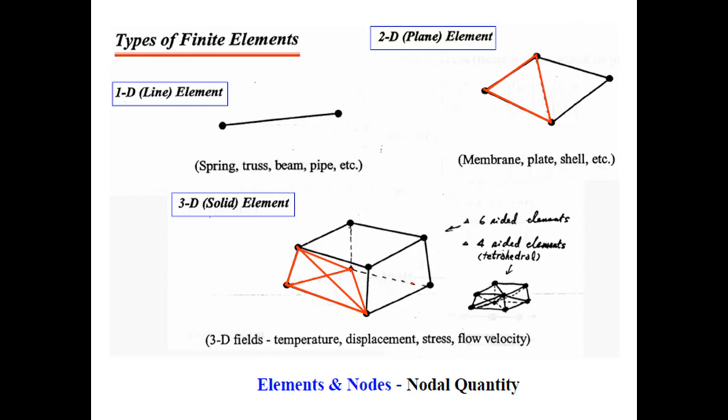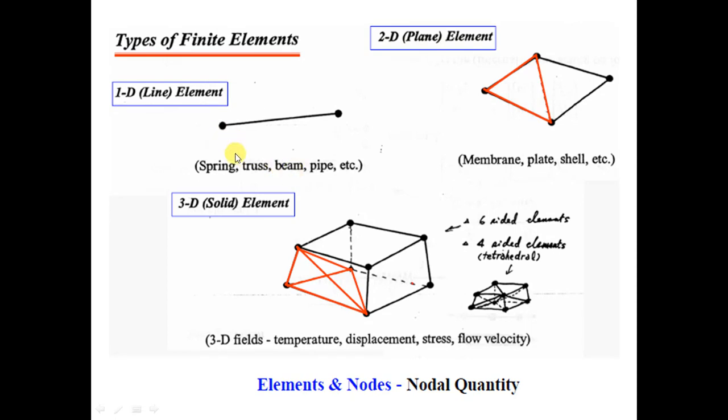So what are the types of elements, right. In general studies there are 1D element, 2D element and 3D element. These are the basic types. But in 1D element, depending on the application, suppose the 1D part is a beam, okay. So for beam, beam element is used, right.